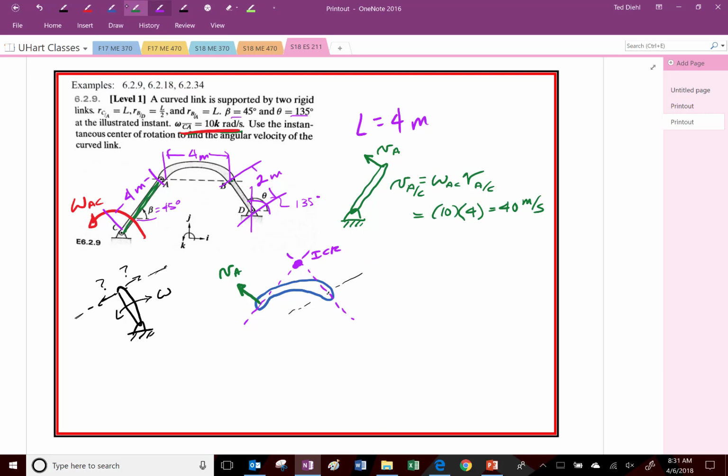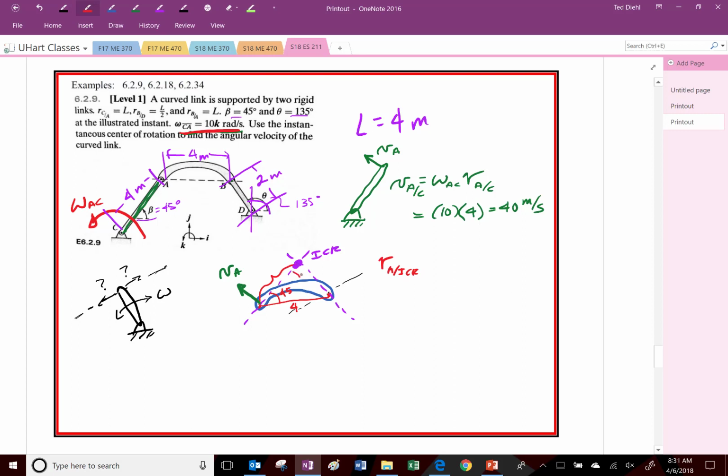And from the geometry that we had up above, we know that this is 4 right here. And we know that this is going to be 45 degrees right here. So we can find the radius of A with respect to ICR. So it's going to be this guy right here.